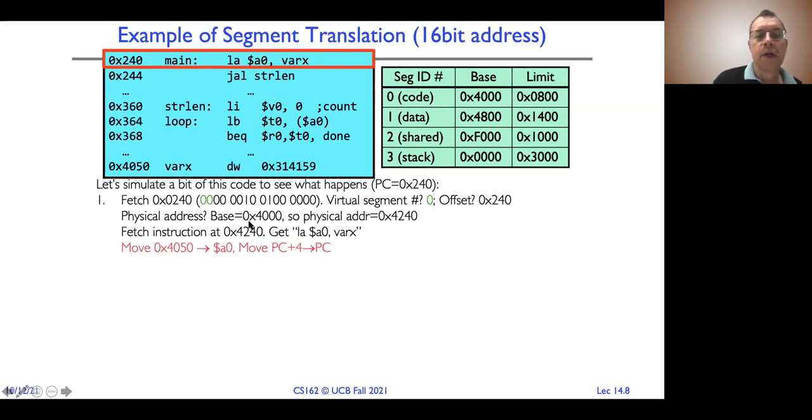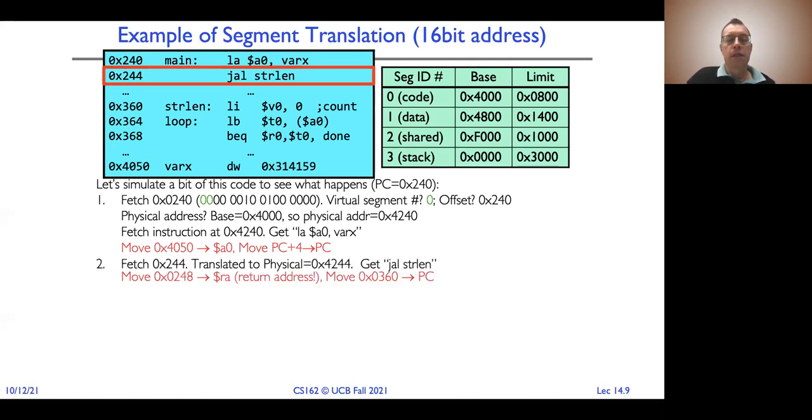After you execute that instruction, you know very well what happens next: the program counter is incremented by 4, because we assume instructions occupy 4 bytes. The next instruction address is 244.